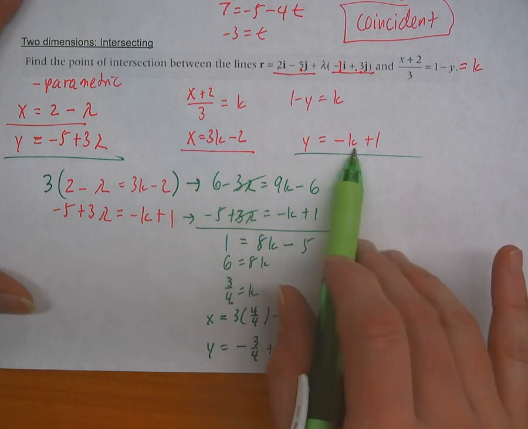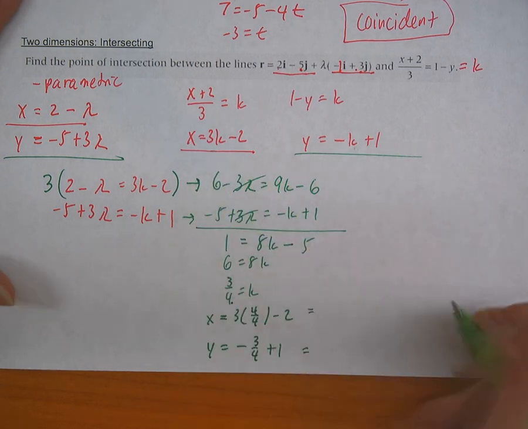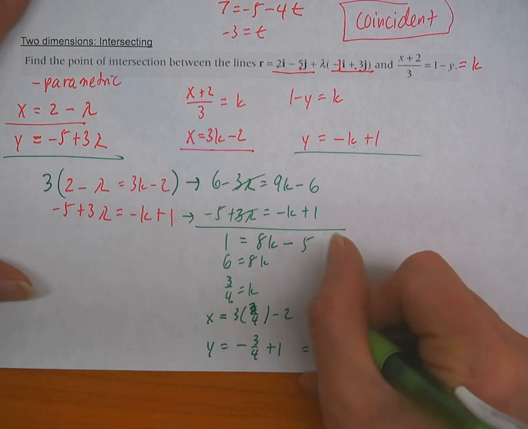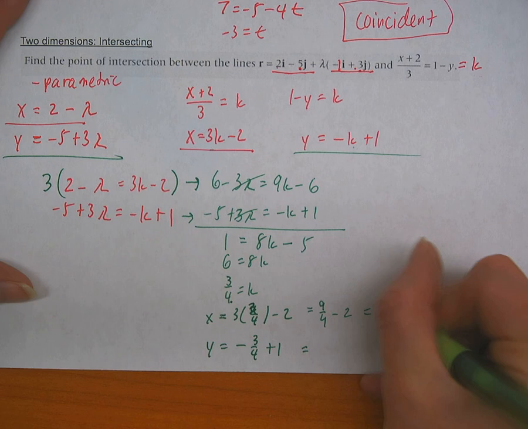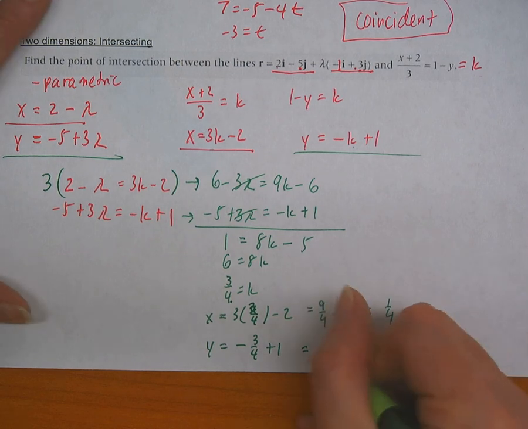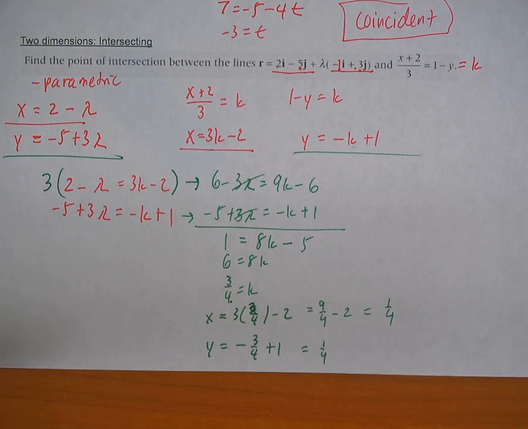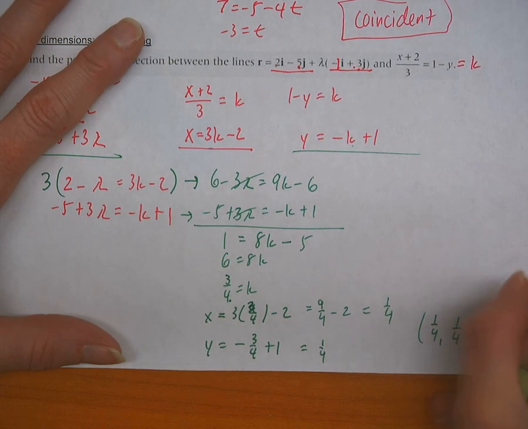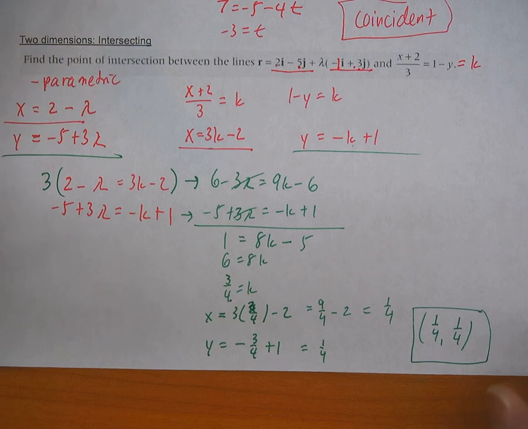So I just plugged them into each of those. Oops, this is supposed to say 3/4. So I'll get 9/4 minus 2, which is 1/4. And here I'll also get 1/4. -3/4 plus 4/4 would be 1/4. So these 2 lines intersect at the point 1/4, 1/4.